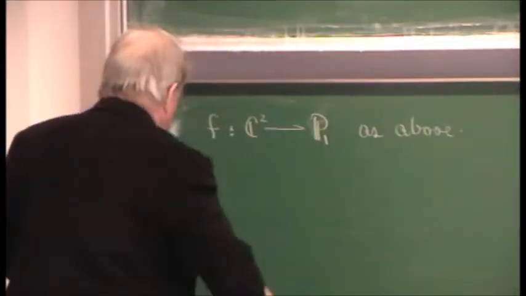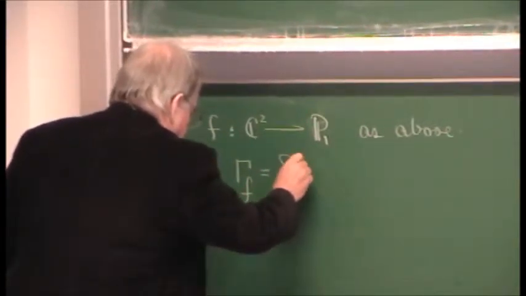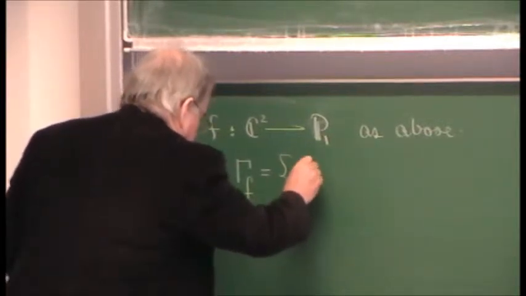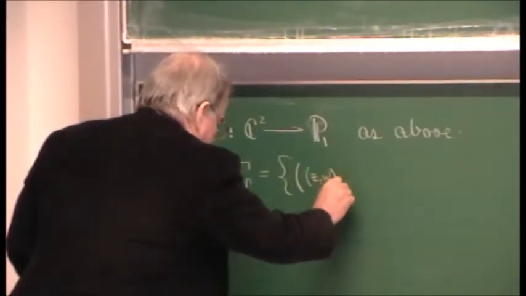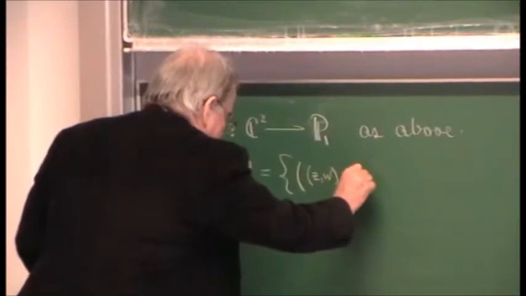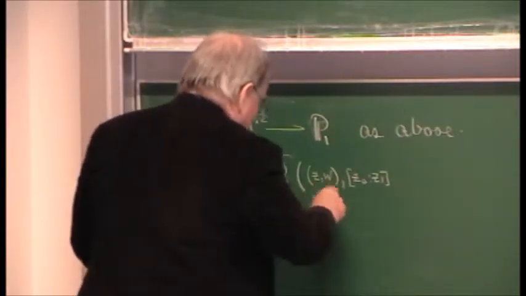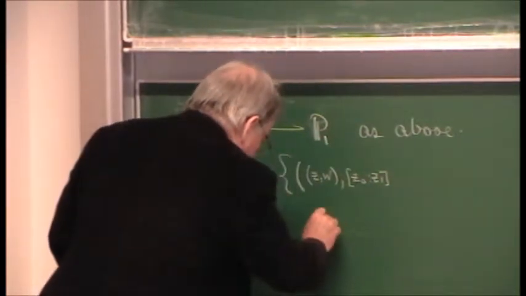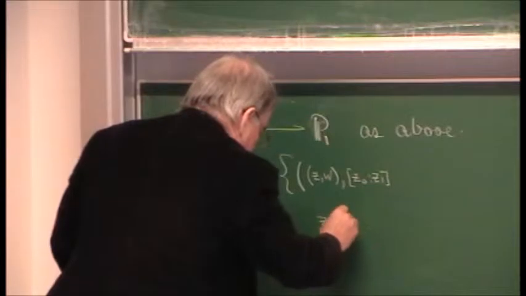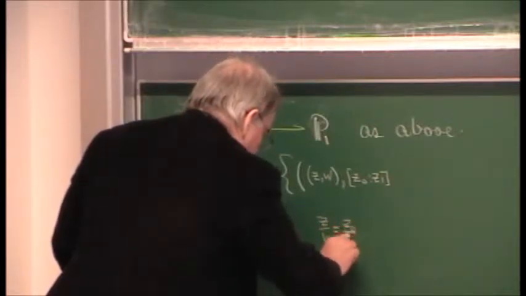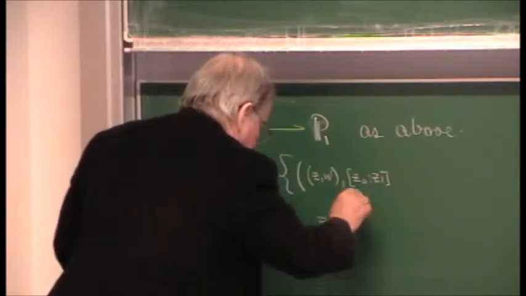And now, let me find the graph of that thing. The graph of it is the set of points, so I had to tell you, it's the set of points ZW, now check me on this, ZW, comma, slope, so that effectively I have to do Z over W has to equal, this has to be the homogeneous thing, so I guess it's equal to Z0 over W over Z. Oh, terrible notation.